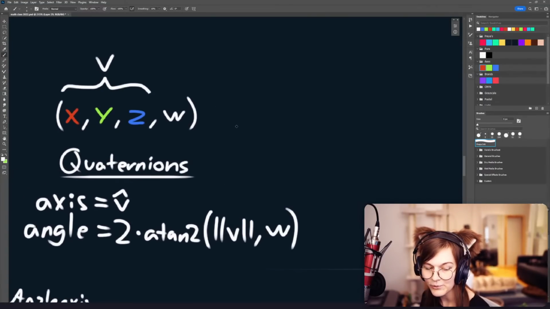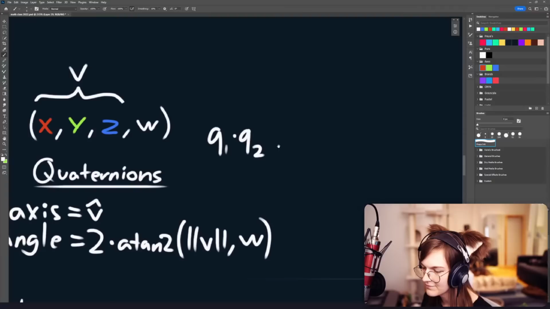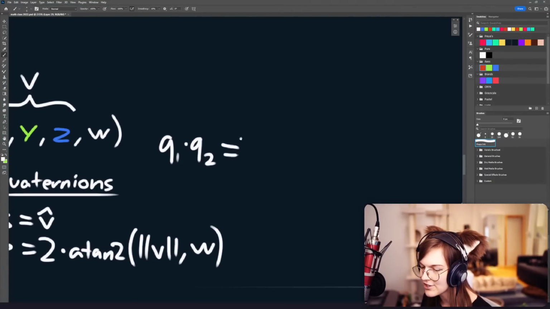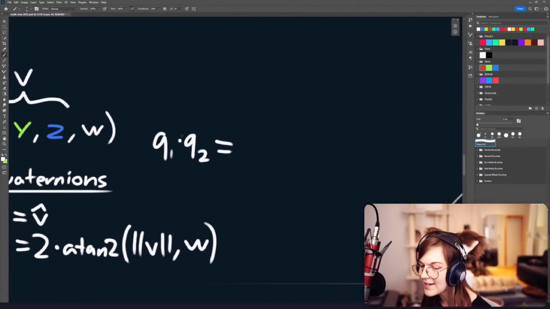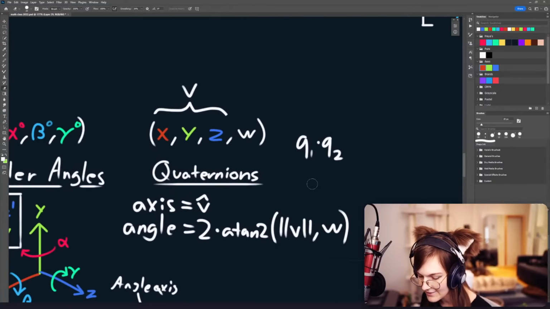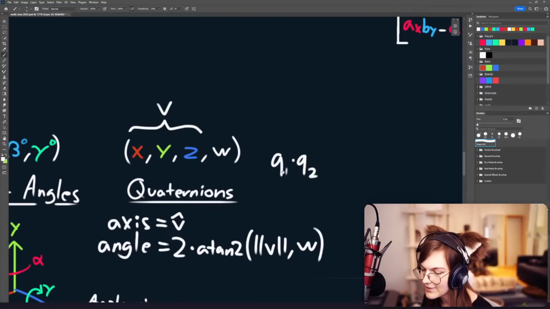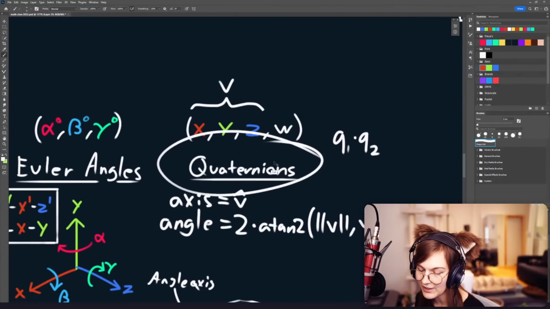So what's really cool about quaternions is that if you have a rotation, let's call it q for quaternion, so q1, if you multiply that by q2, you get the rotation that is the same as doing q1 and then q2. And so compositing rotations using quaternions is really fast. And by extension, interpolating rotations using quaternions is also very fast.